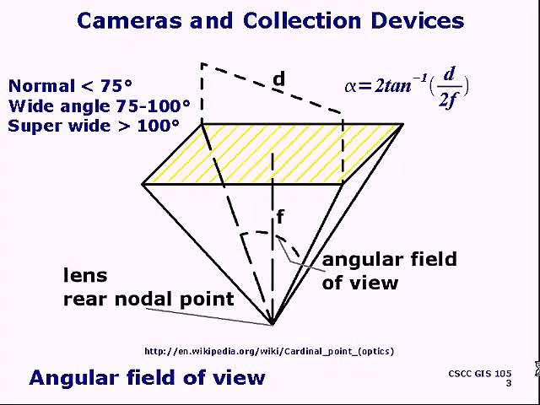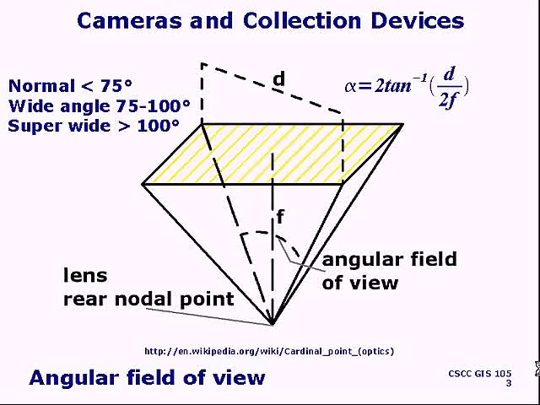Anything less than 75 degrees is considered normal, a normal view. Aerial systems really don't deal with telescopic. I'm sure if you were talking about a regular camera, there's an angle where things become telescopic. Wide angle is anything from 75 to 100 degrees, and then greater than 100 degrees is super wide angle.